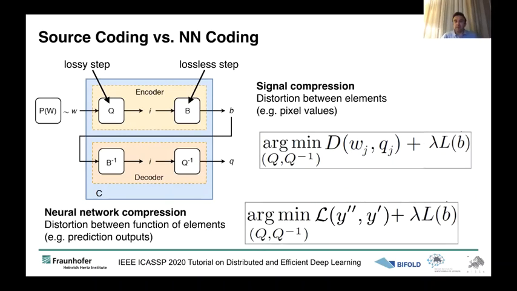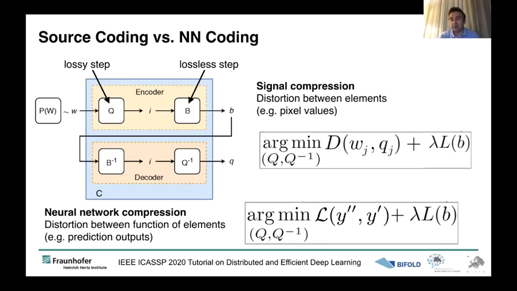Whereas in neural network compression, we are quantizing and compressing the weights of the neural network, but we don't care so much about the distortion between the original weights and the quantized weights. What we care about is the distortion between our original prediction outputs and the prediction outputs which we get after quantization.